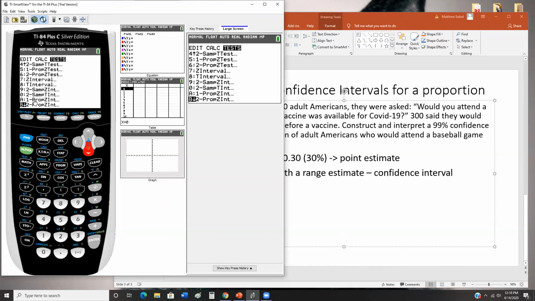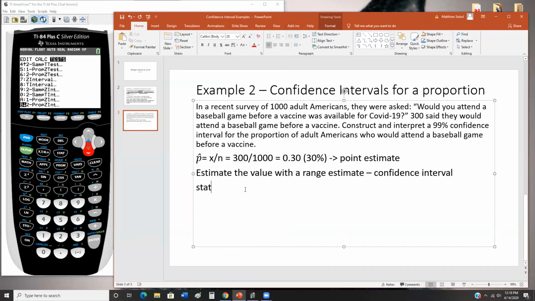It's 1-prop Z interval. So we went stat, and then for these you're always going to use 1-prop Z int, always. So notice the difference in the options that you pick.